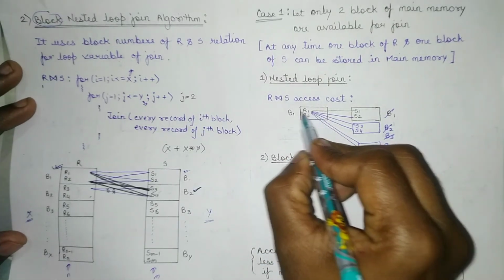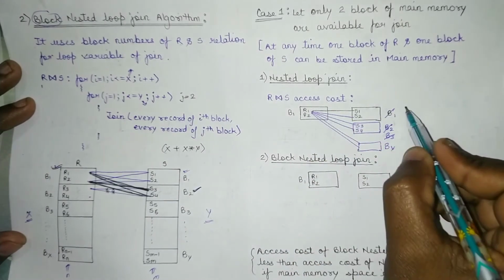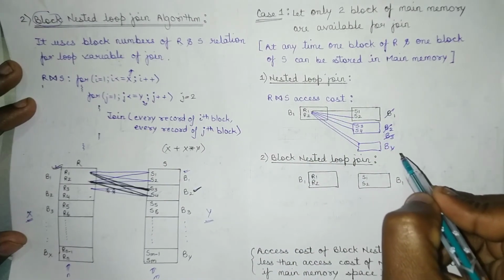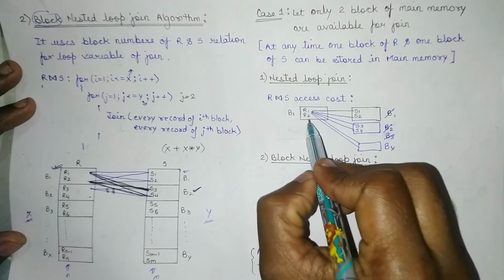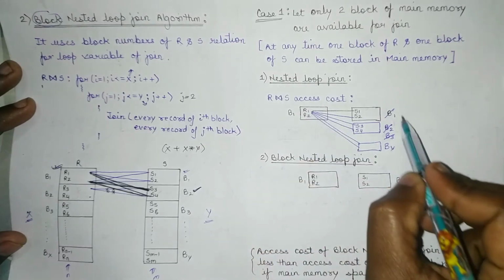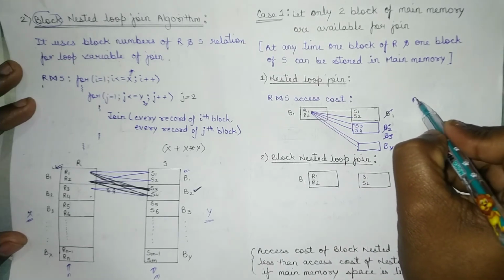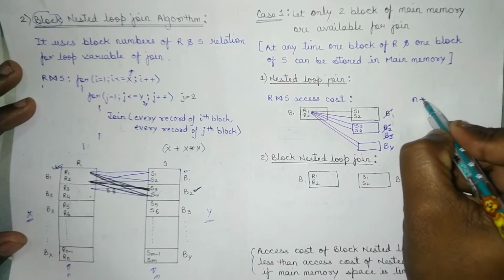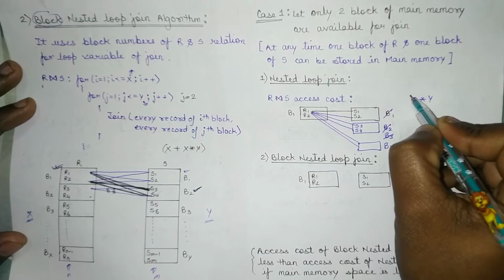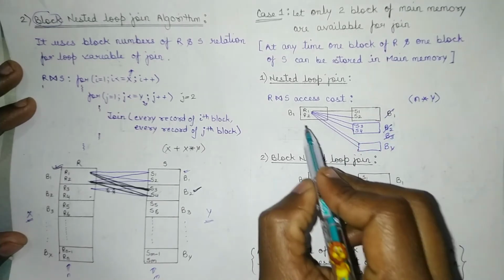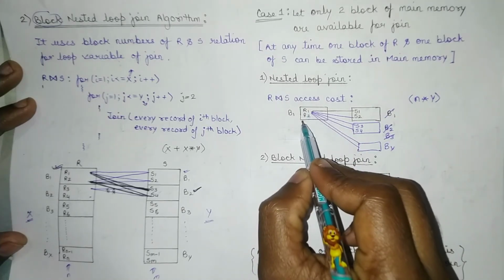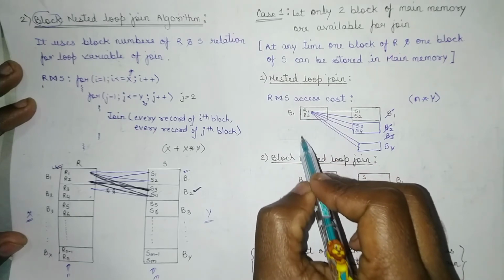So for one particular record you have to access all the Y blocks. Similarly, for the second record also you have to access these Y blocks. So for these n records you have to access the Y blocks. Apart from this, you have to access the blocks of the R relation one by one.